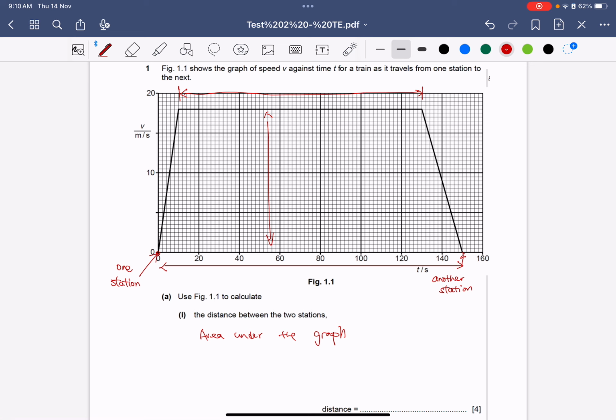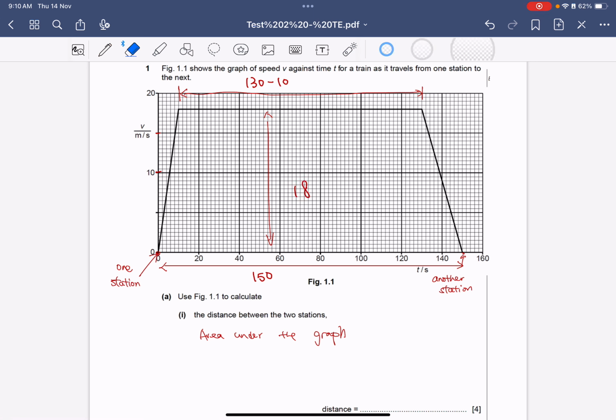The upper part is 130 minus 10. The lower part is 150. The height is, this is 10, this is 15, so here is 17.5. Oh no, I need to be careful. No, this is 18.